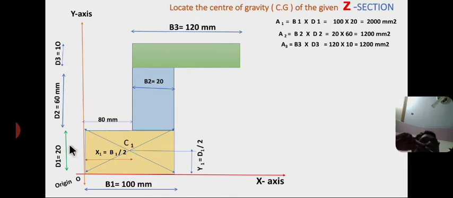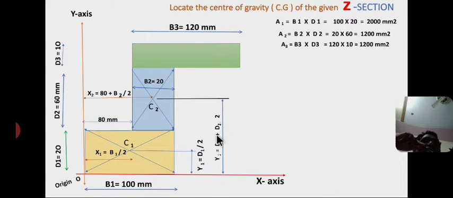In a similar way, I am drawing the diagonal lines for the second rectangle to locate the centroid C2. Now C2 is the centroid of the second rectangle at a distance of x2. x2 equal to 80 plus b2 by 2 and y2 equal to d1 plus d2 by 2.